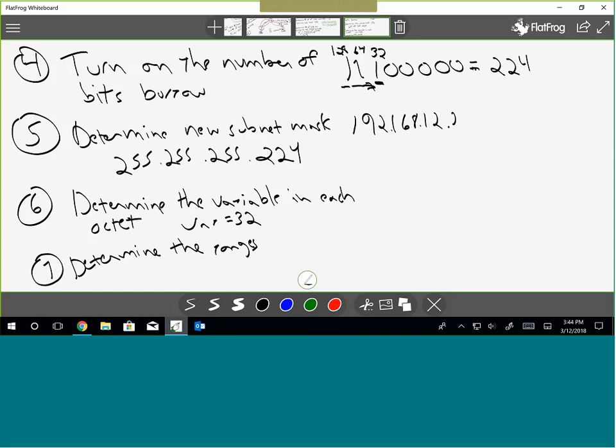Now we need to go 32 different positions. So where do we go from here? 0 to what? 0 to dot 31. And this confuses people because they go, we're supposed to go 32 positions. We did, because we used 0. 0 to 31 is 32 positions.